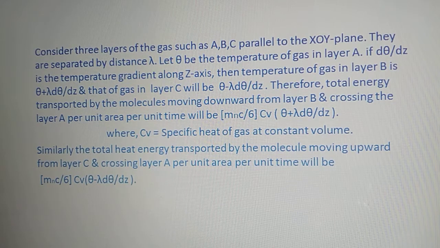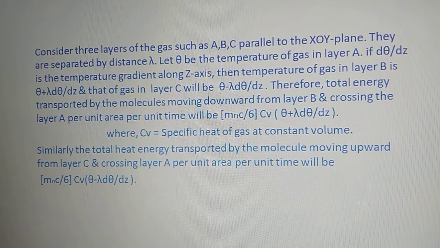Therefore, the total energy transported by the molecules moving downwards from layer B and crossing layer A per unit area per unit time will be equal to m n c by 6 into Cv into theta plus lambda d theta by dz. What is this Cv?